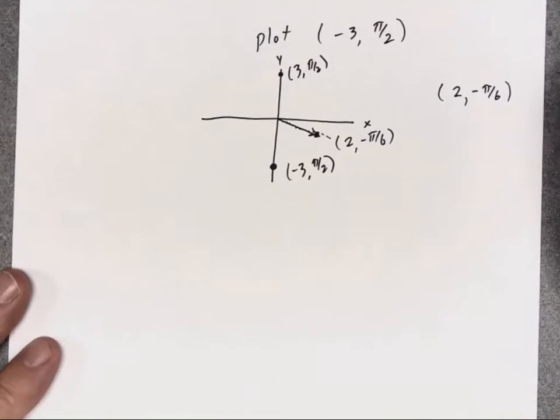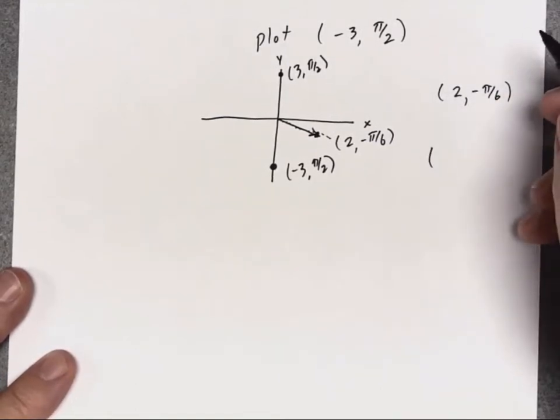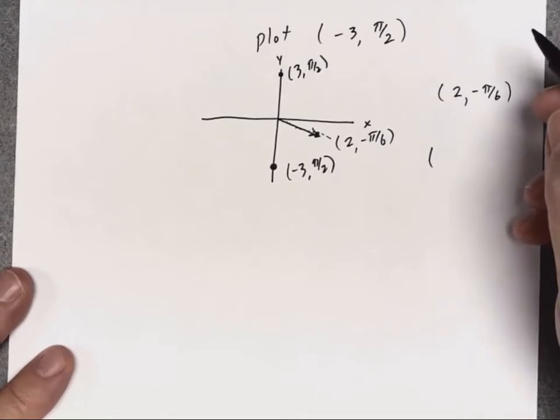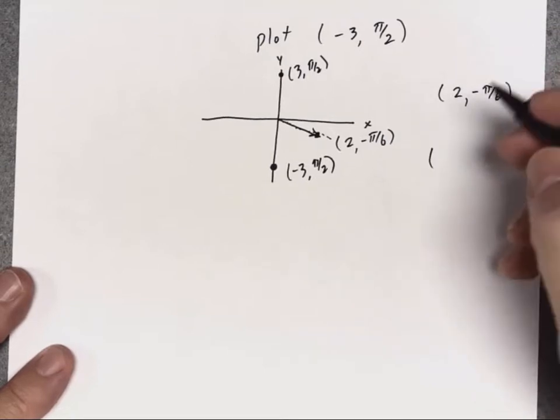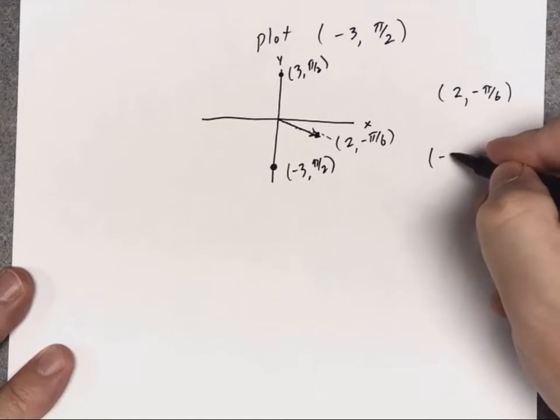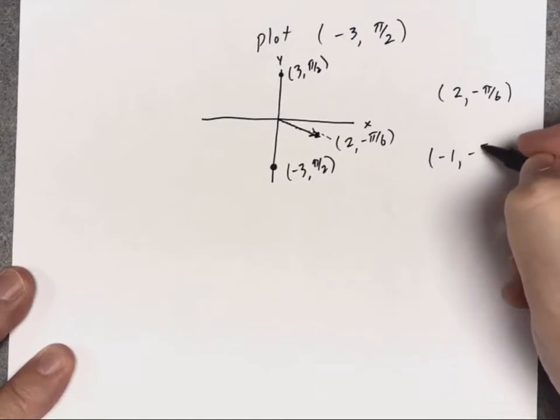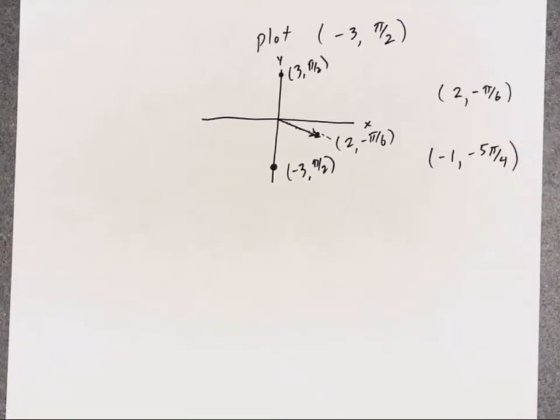Just for fun, let's do one more. What would we have if we did (-1, -5 pi over 4)? So as always, go to the angle first.